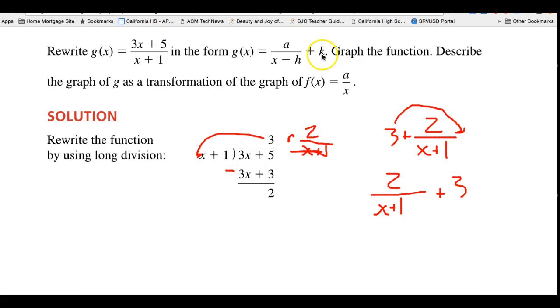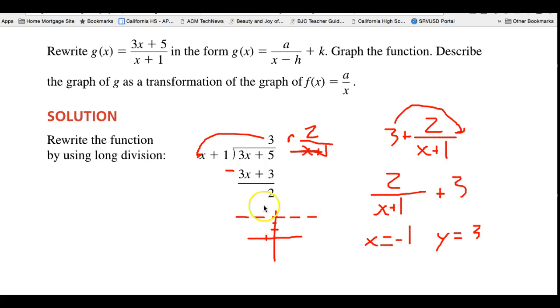Now, in this problem, we want to graph this. First we want to take our asymptotes. In this case, we know that x equals -1 is our vertical asymptote, and y equals 3 is our horizontal asymptote. So we're going to have an asymptote right along here at y equals 3, and another asymptote at x equals -1.